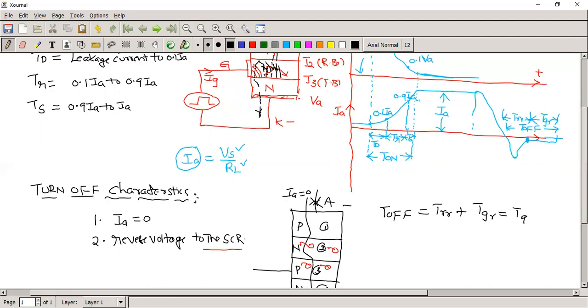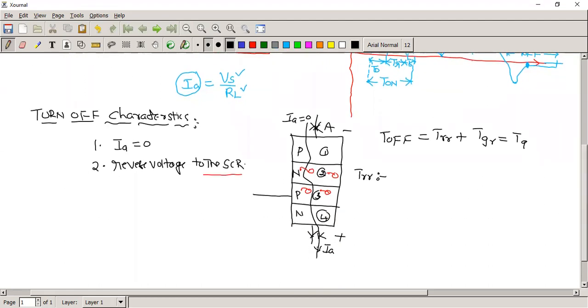Now how are we going to define this TRR? What physically happens during this interval? TRR is the reverse recovery time. In this interval, the excess charge carriers in the outer layers, the outer p-type and n-type material, will be removed.